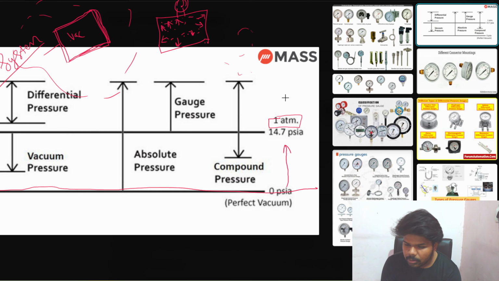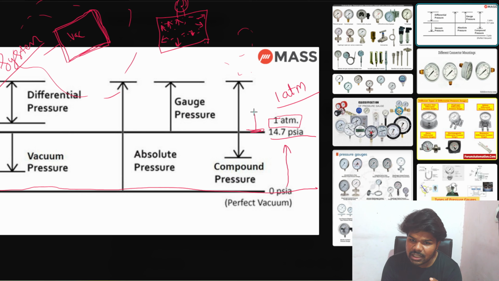The pressure can be higher or lower, but at least 1 atm pressure is present everywhere, that is the approximate value. And 1 atm is equal to 14.7 psi, in Pascal units. Pascal is the scientist who gave it. And atm is equal to atmospheric pressure. So this is the pressure line.